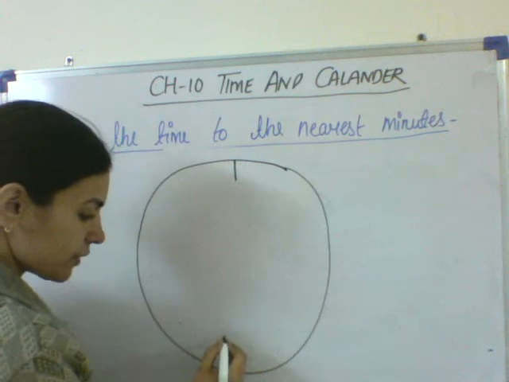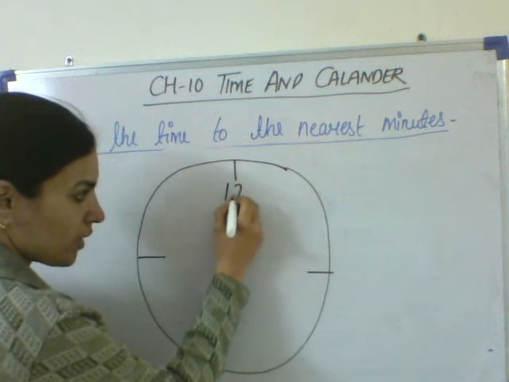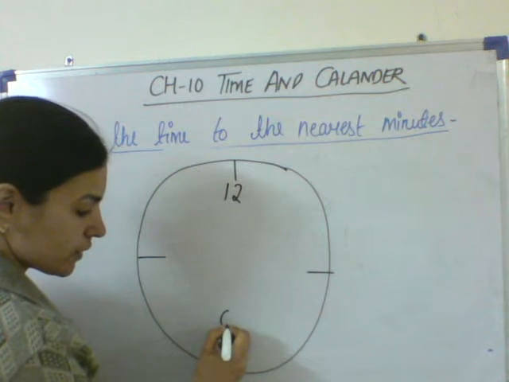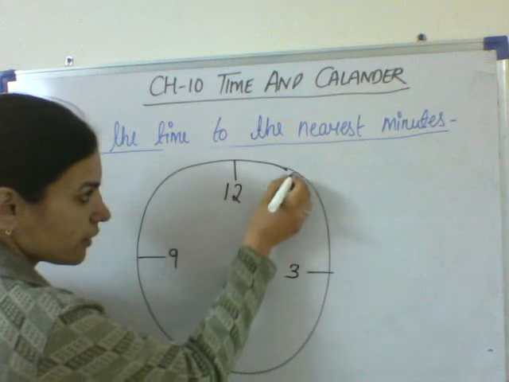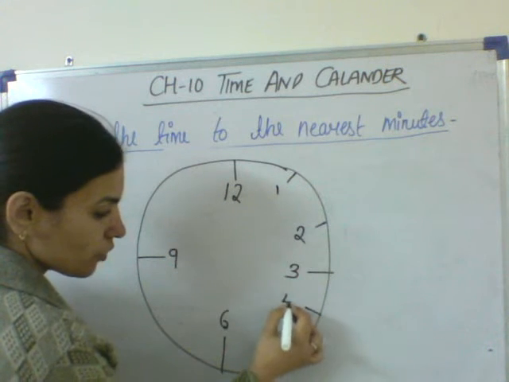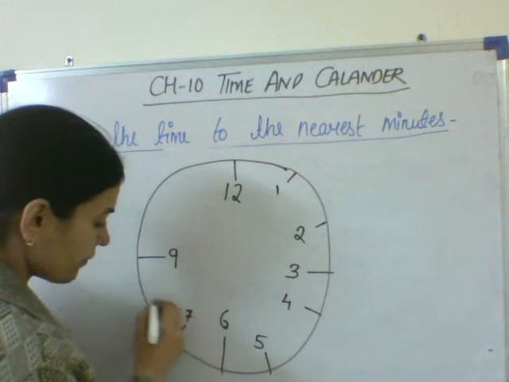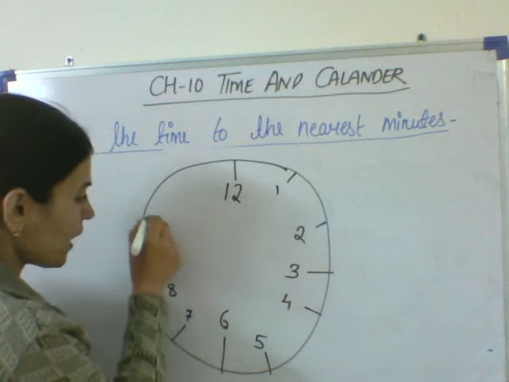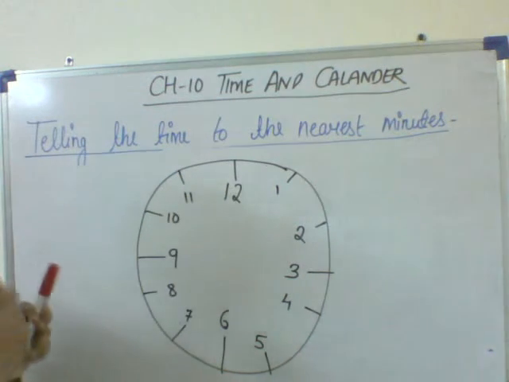Here it is 12, here 3, here 6, here 9, and 1, 2, 3, 4, 5, 6, 7, 8, 9, 10 and 11.